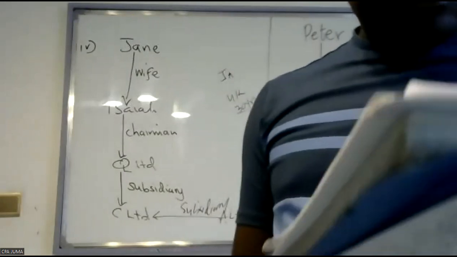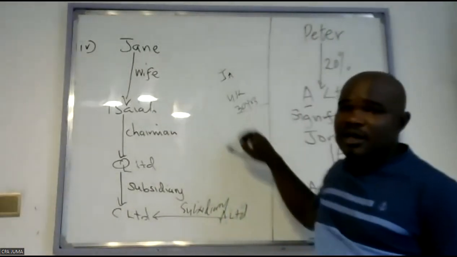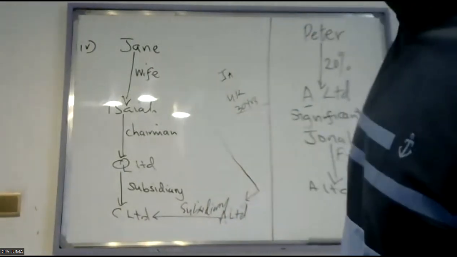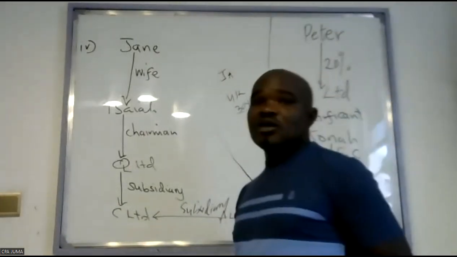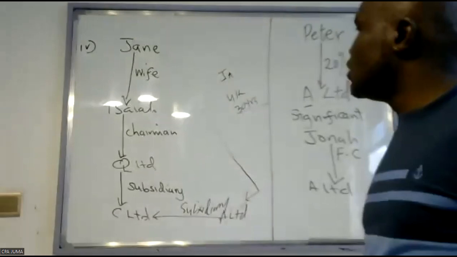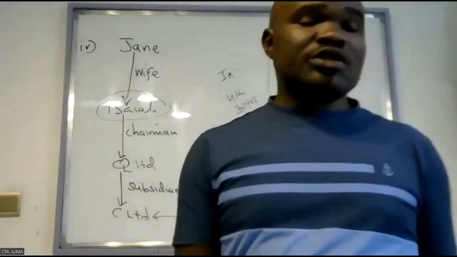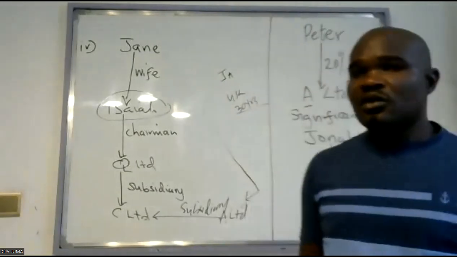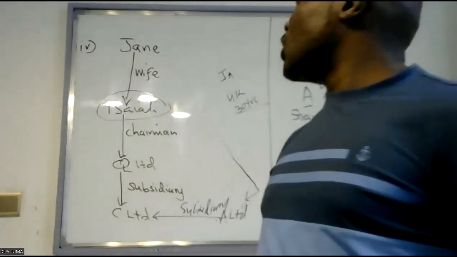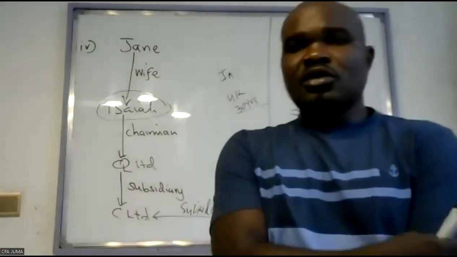So we can explain and say, Jane is a related party to A Limited since she's a close family member to Isaiah, who is also a related party to A Limited. Full stop.